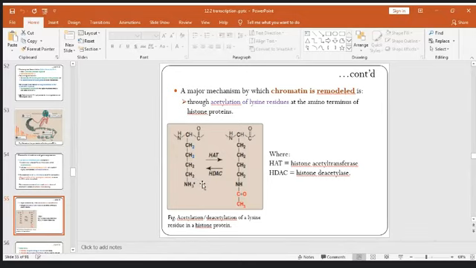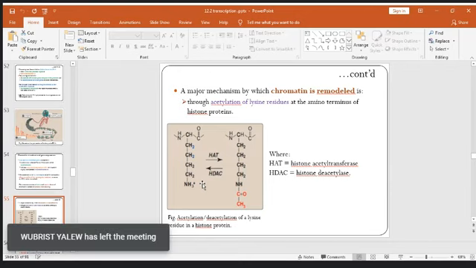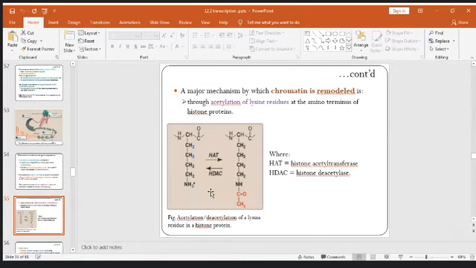Then the DNA is complexed with the histone, and at that time we cannot get free DNA for undergoing the replication process or the transcription process, because the DNA is a parental strand.